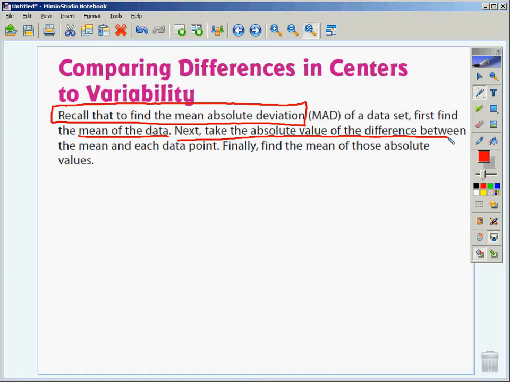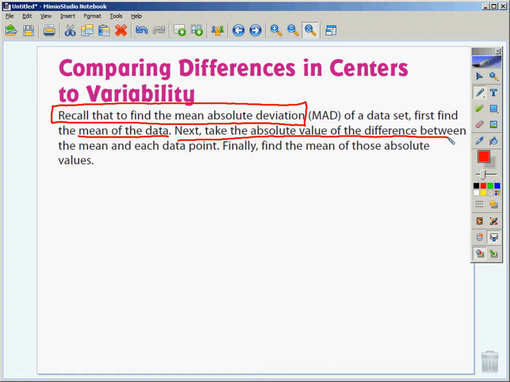The word difference means that I'm going to subtract. I'm going to take the mean and I'm going to subtract the original piece of data. I'm going to find the difference. In other words, how far is each piece of data away from the mean? How far it is away from the average. Make sense?